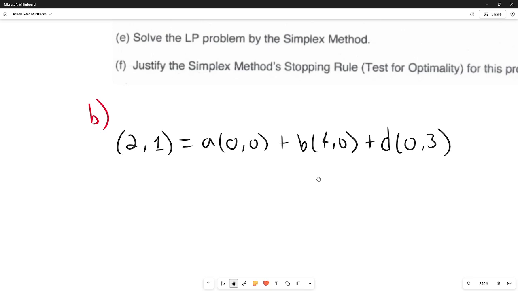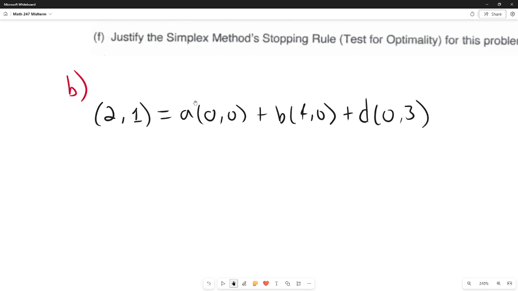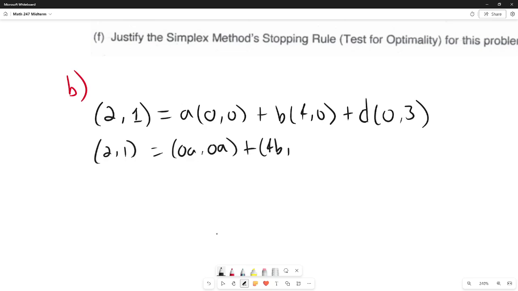So we basically want to distribute these variables. So we're going to get that (2, 1) is equal to 0A, 0, plus 4B, 0B, plus 0D, 3D.